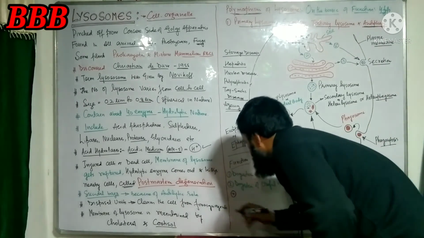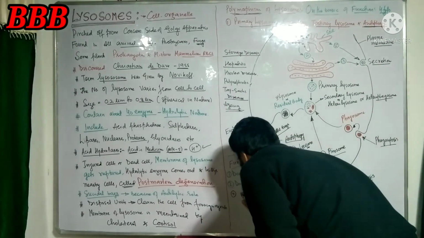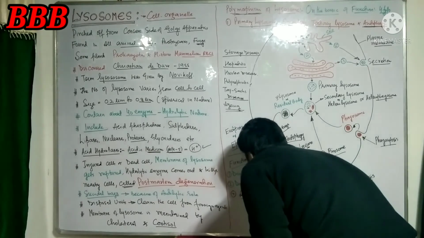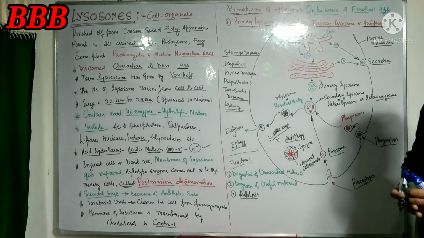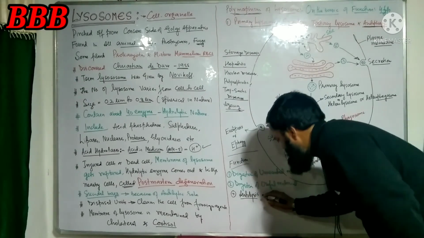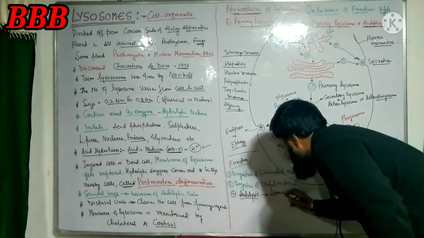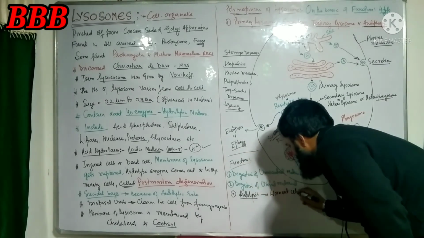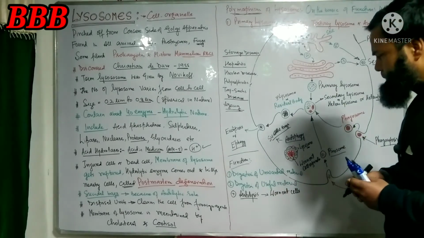Third point, it helps in autolysis, meaning breakdown of the material, which is worn out cell organelles found inside the cell. So it has an autolytic role. Worn out cell organelles get killed or digested by the hydrolytic enzymes.